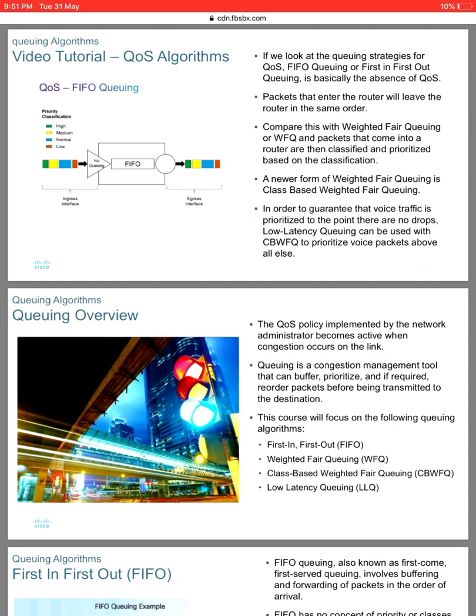If you look at the queuing strategies for QoS, FIFO queuing, or first in first out queuing, is basically the absence of QoS. Packets that enter the router will leave the router in the same order. Compare with weighted fair queuing, or WFQ, where packets that come into the router are classified and prioritized based on the classification.